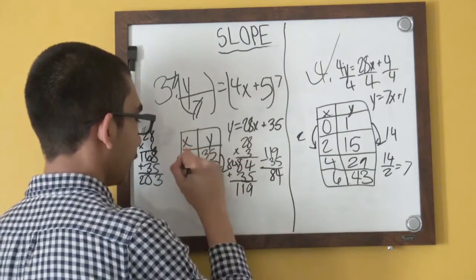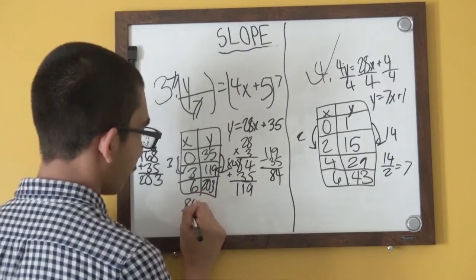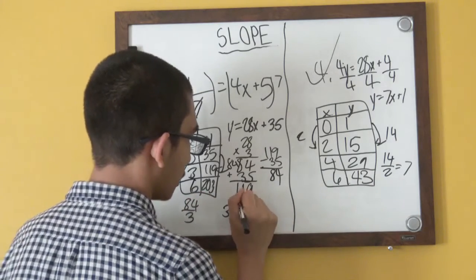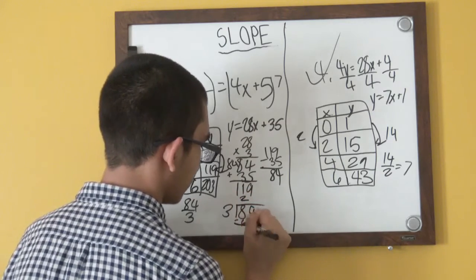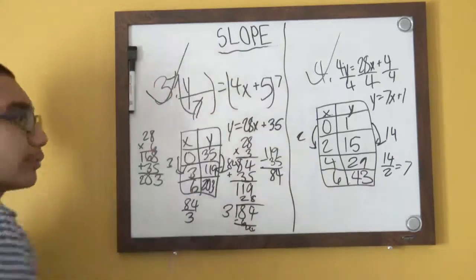And 0 to 3 is 3. 84 over 3. So let's see. 28. 28, 28. So this one is right.